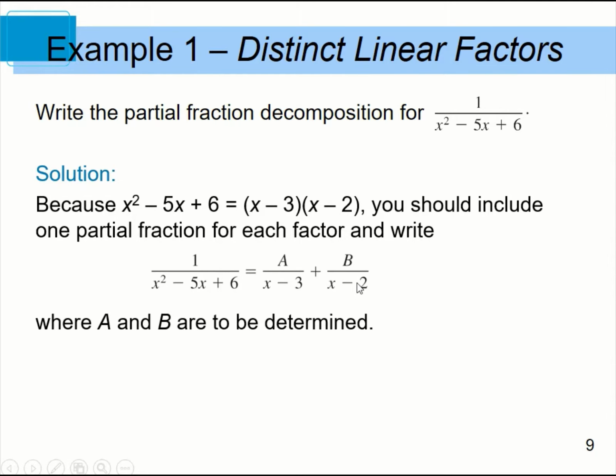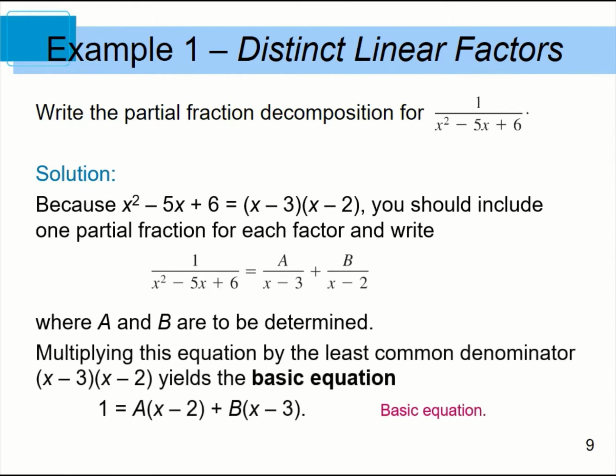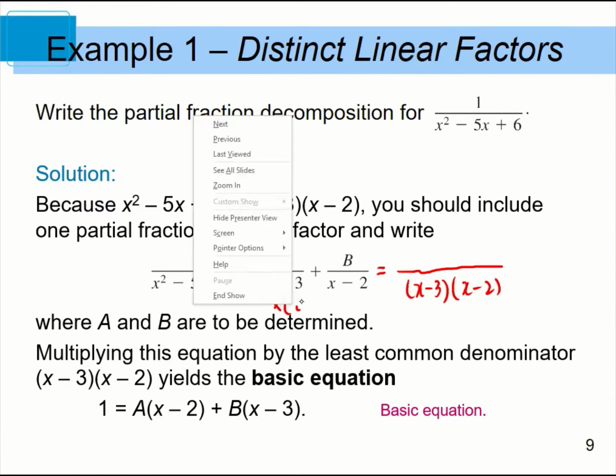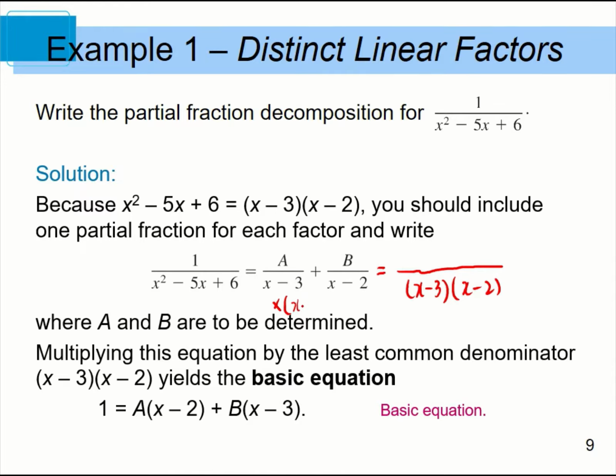Now, how do we find A and B? When we combine this into one fraction, we have the denominator x minus 3 times x minus 2. The first fraction we multiply by x minus 2, up and down, and the second one we multiply by x minus 3, up and down.